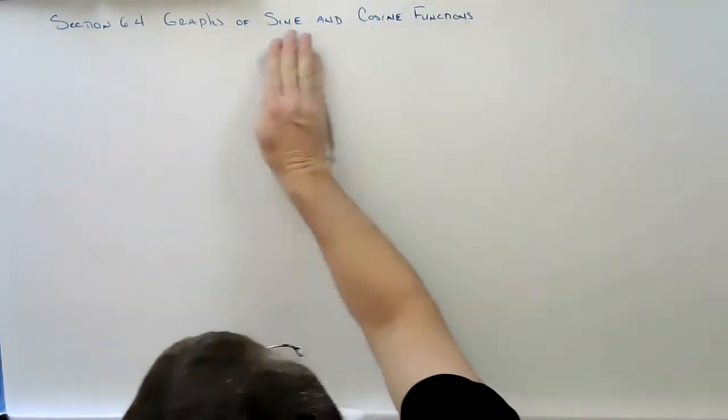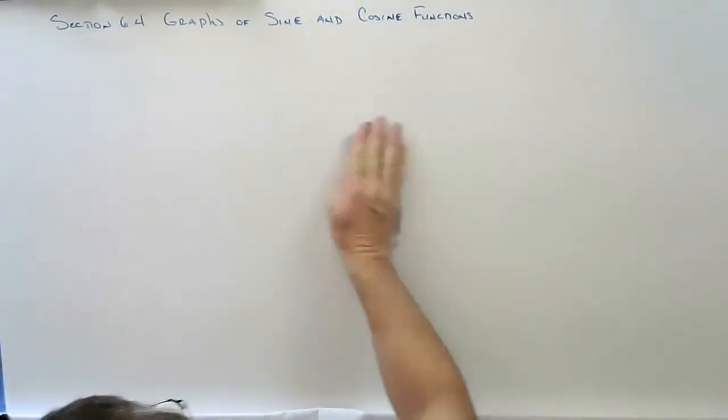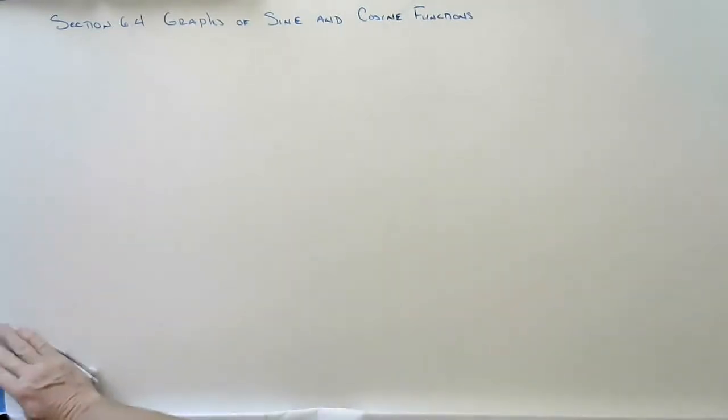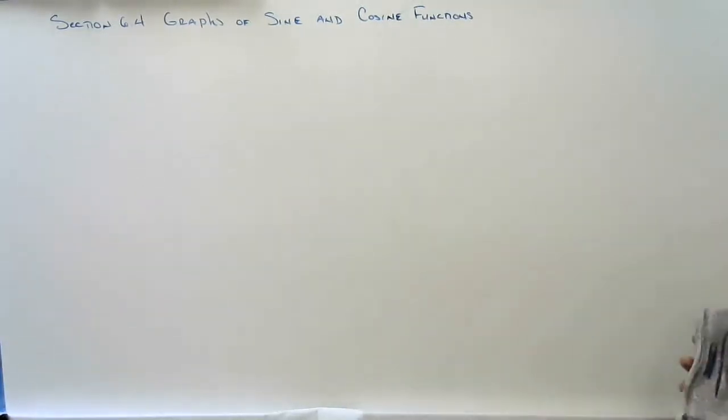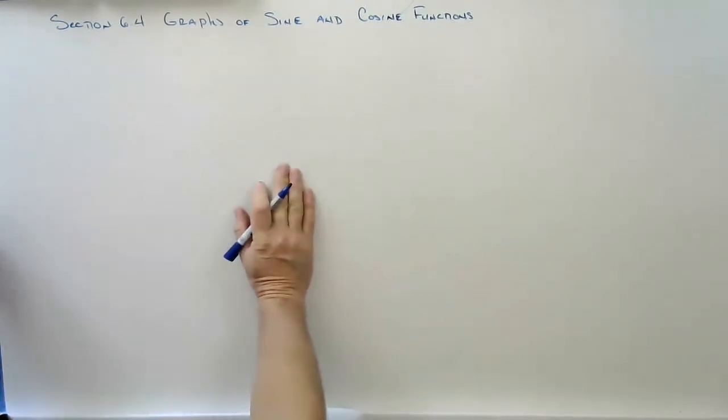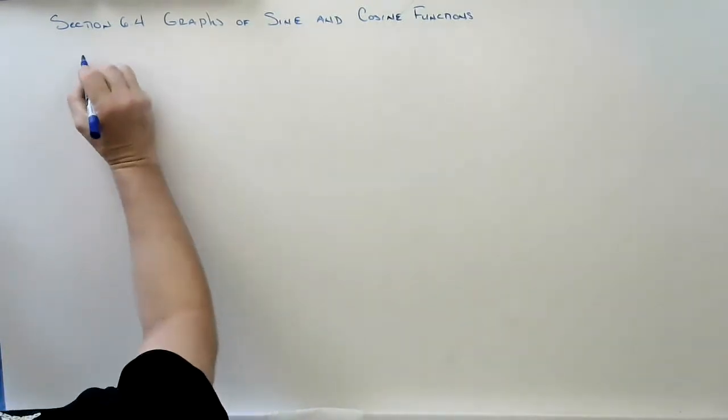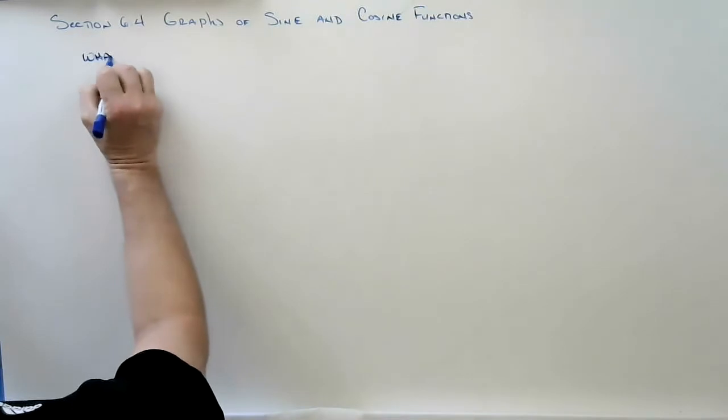When we learn to graph, the next step after we learn our basic graph is to learn our transformations. So we're going to talk about transformations. Okay. That's where we always end up.